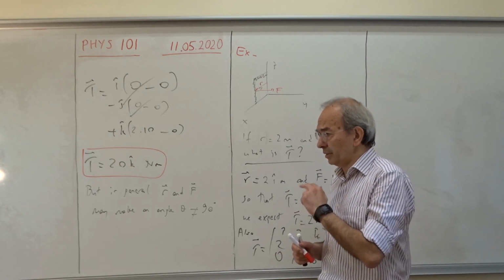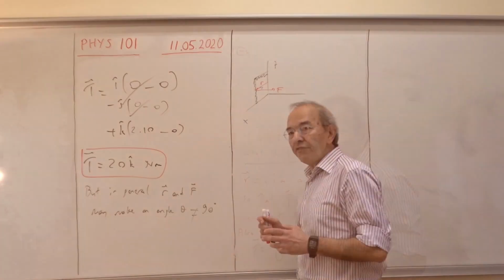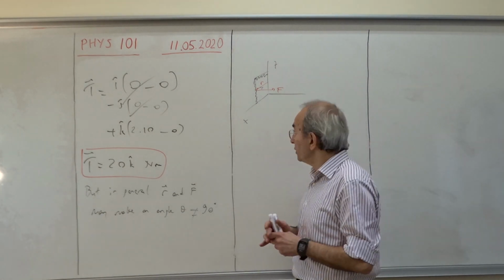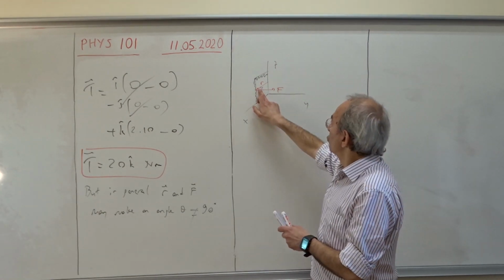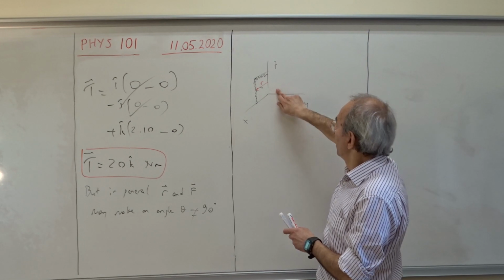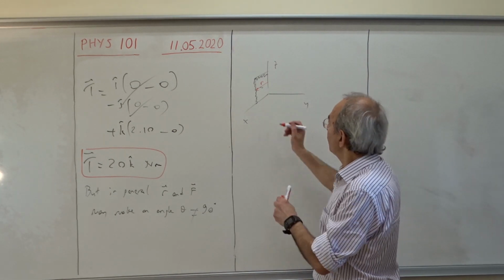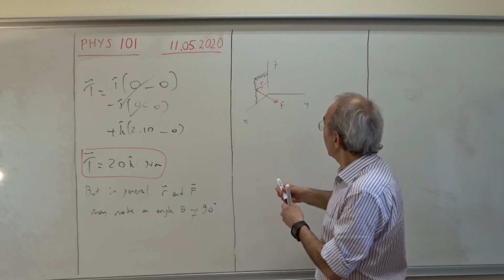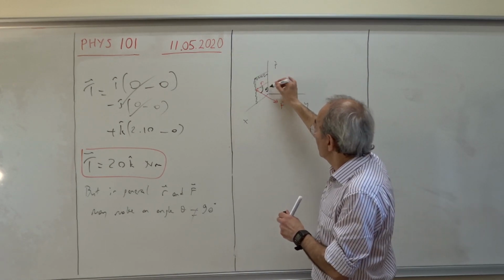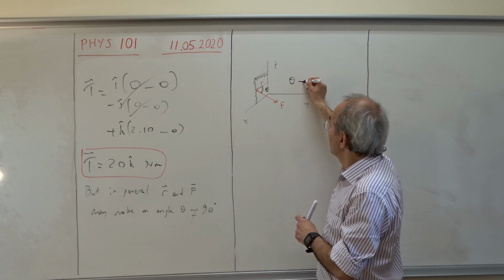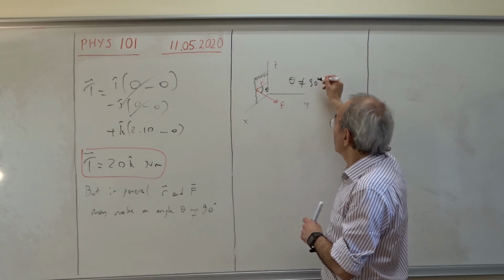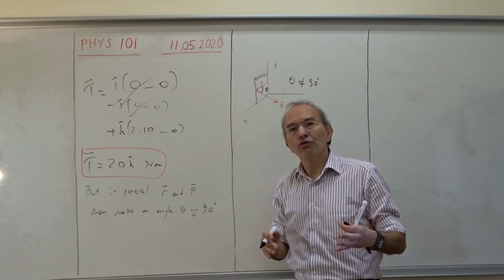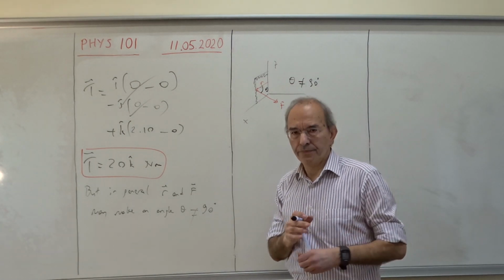And in that case, what do we have? If they make an angle other than 90 degrees, we don't draw it like this, but maybe at a different angle. Let's say theta is other than pi over 2, maybe larger, maybe smaller.